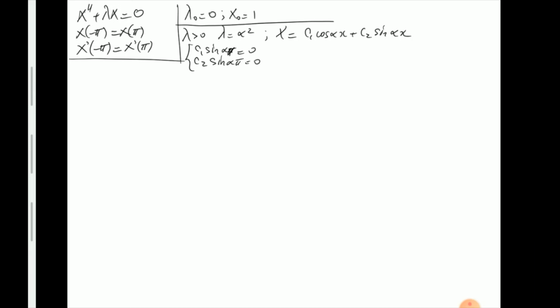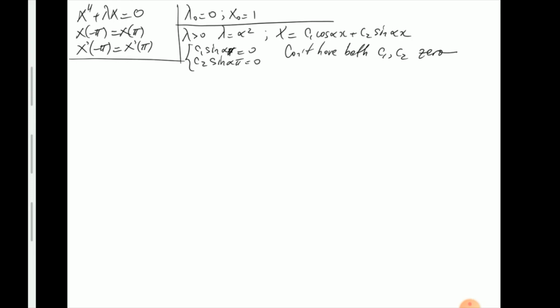So remember, we're looking for non-trivial solutions. So it's clear that we can't have both c1 and c2 be 0, because that would be a 0 solution, obviously.